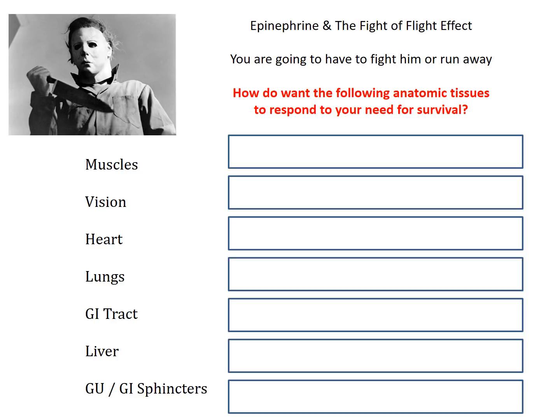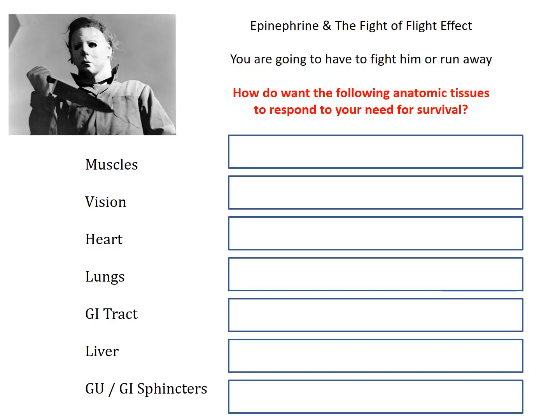Our ability to do so is primarily dependent on activating and releasing these catecholamines like epinephrine and norepinephrine. Those catecholamines will be released, act within the part of the nervous system referred to as the sympathetic nervous system, and then they will have effect on a variety of different tissues within the body to allow us to save ourselves in either fight or flight.